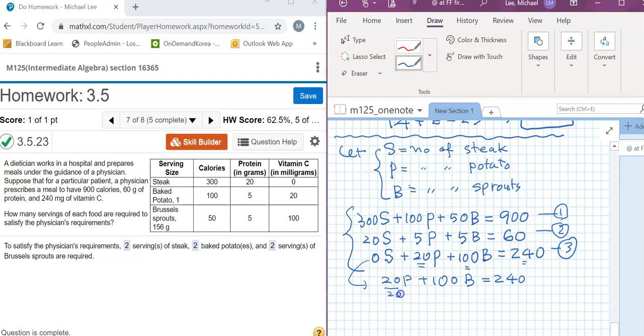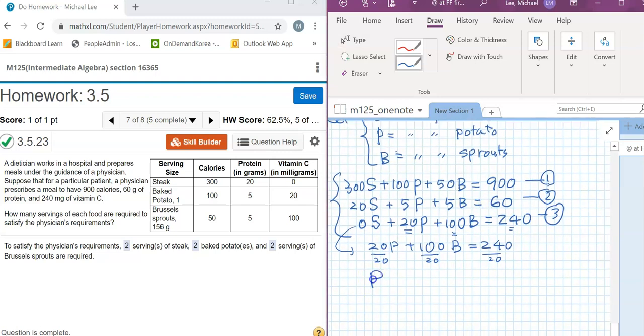If I divide by 20, you get P plus 5B equals 12. That is the same as equation 3, divided by 20.